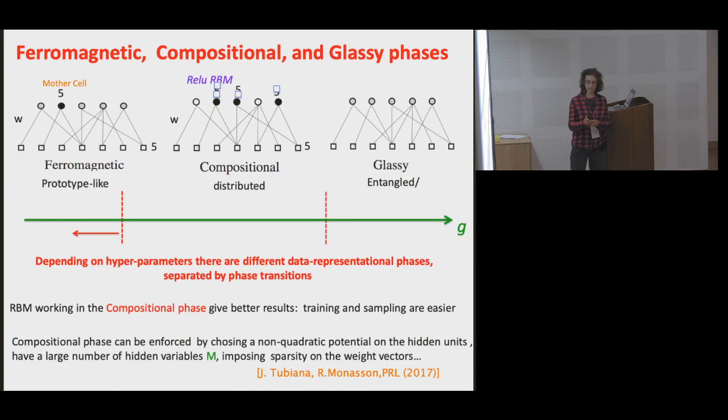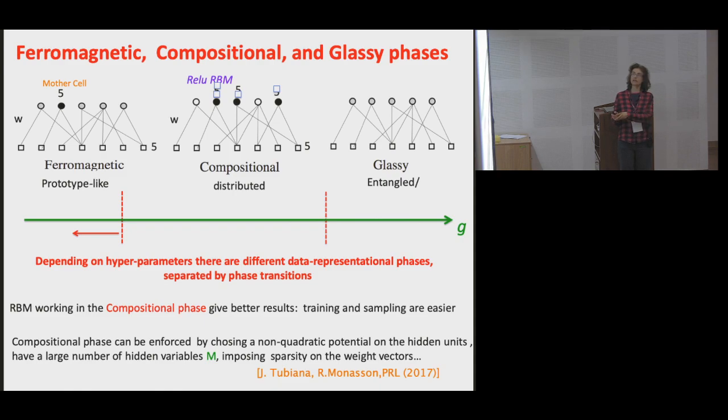So practically, here is the function of the value of the potential on the input units. For very negative values, you have a prototype-like representation in which, for example, in the case of MNIST, a configuration for a 5 will activate only one hidden unit, which will recognize a prototype of this 5.